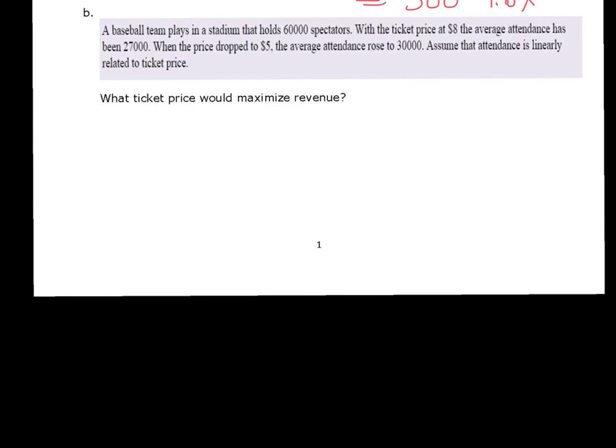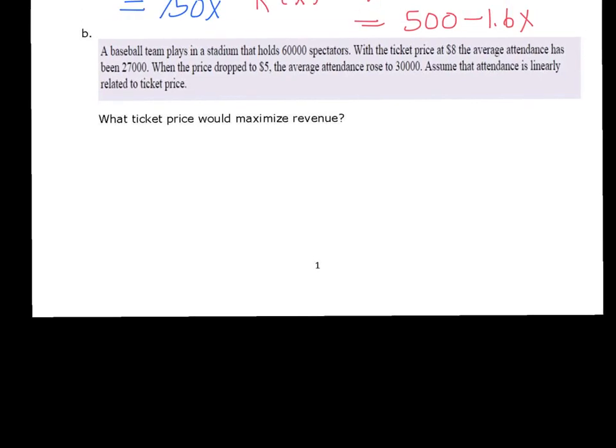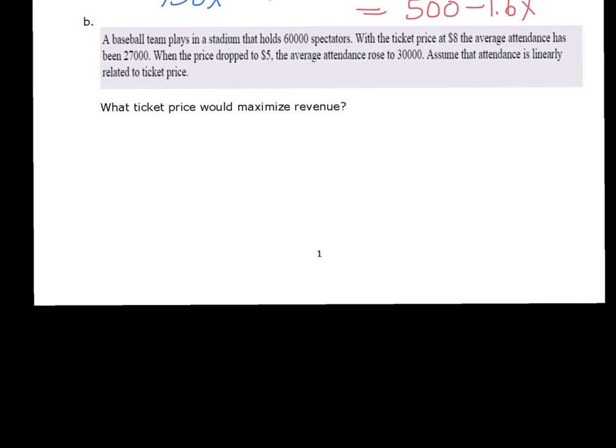All right, so first of all, we want to maximize revenue. And again, revenue, or R of x, is equal to price times quantity sold.